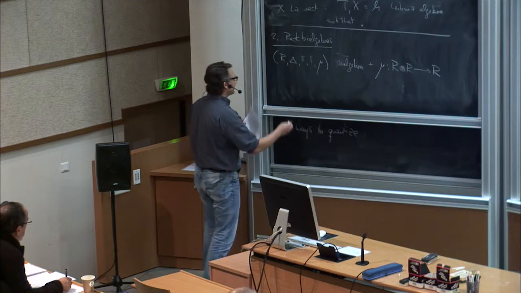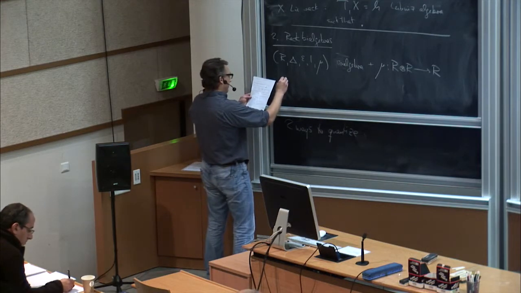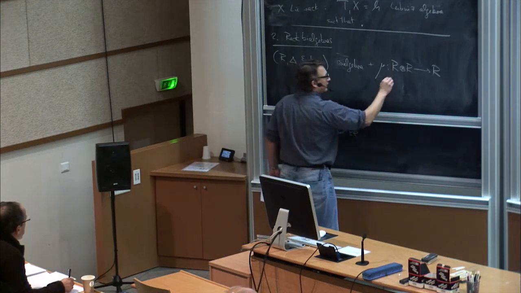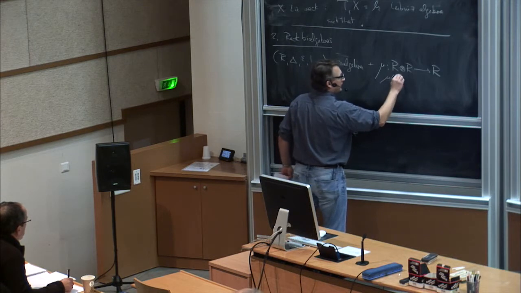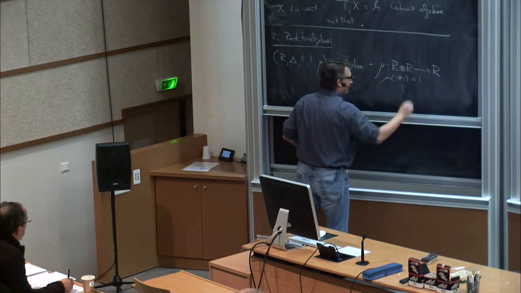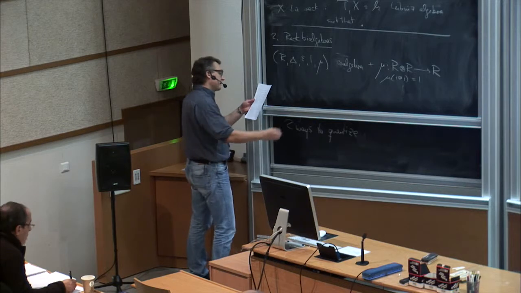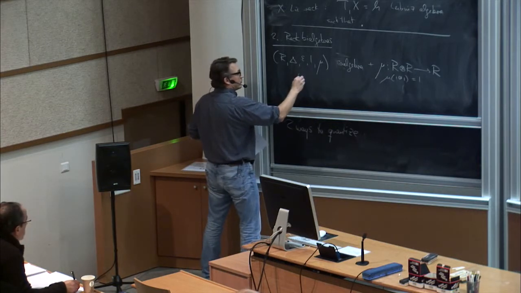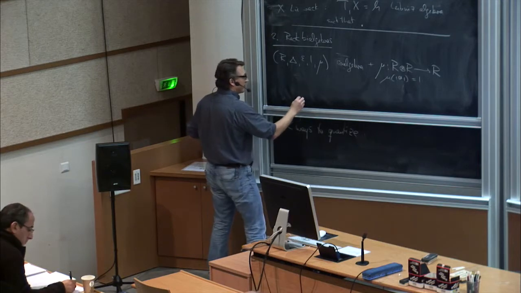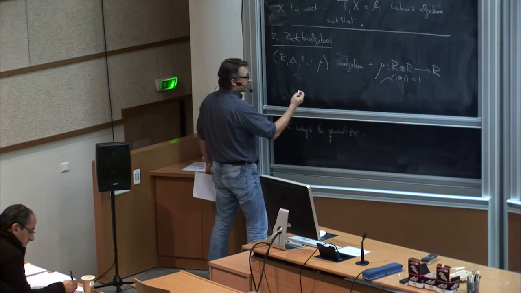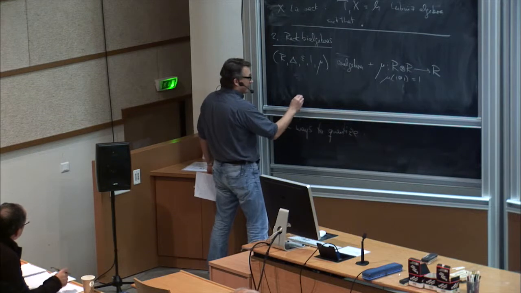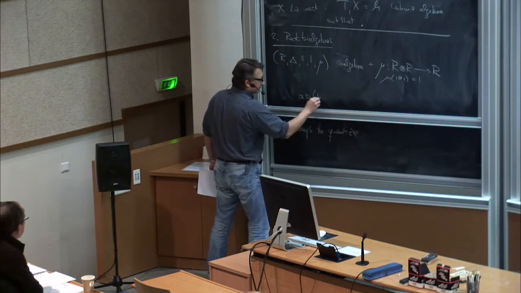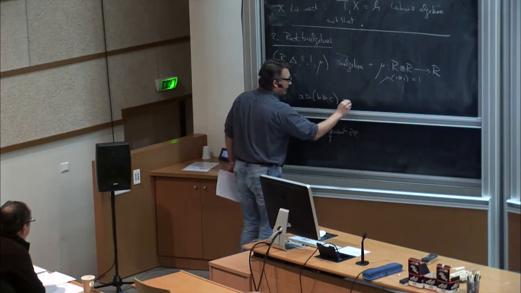And you ask that this bilinear map respects the unit. And now you have three properties. You have the linearized self-distributivity relation. This is the most important one.